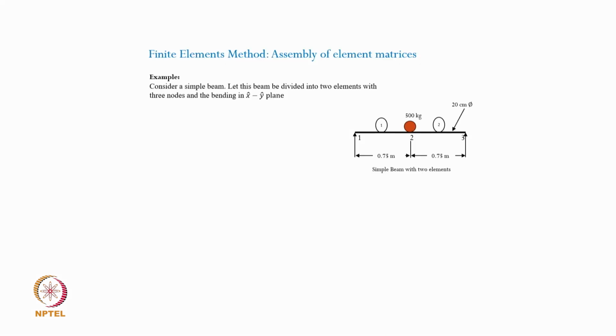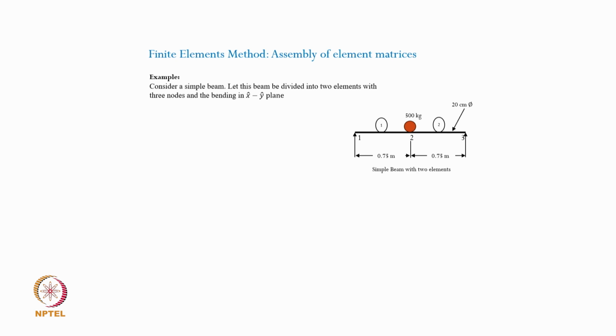Okay, having seen the individual element stiffness matrix, let us now understand how these element stiffness matrices are assembled to represent the global vibratory system, or a system which is being modeled through discretization using finite elements.